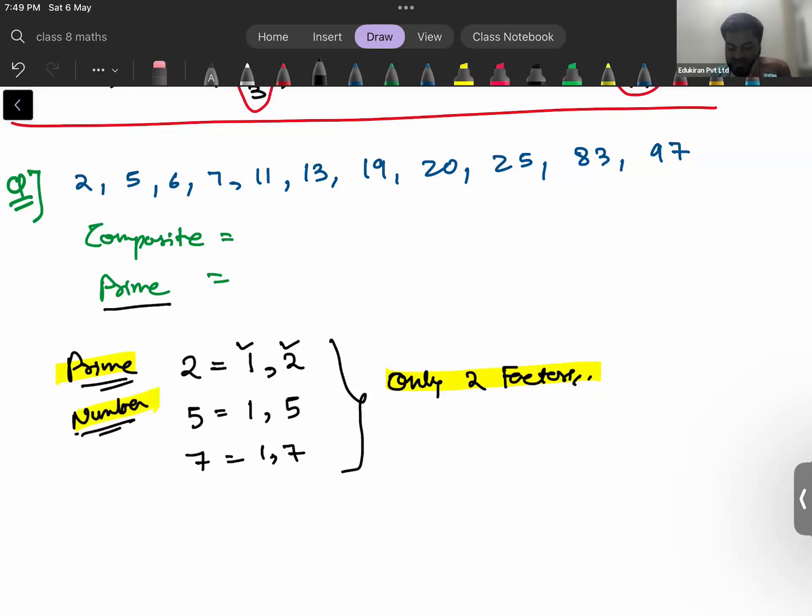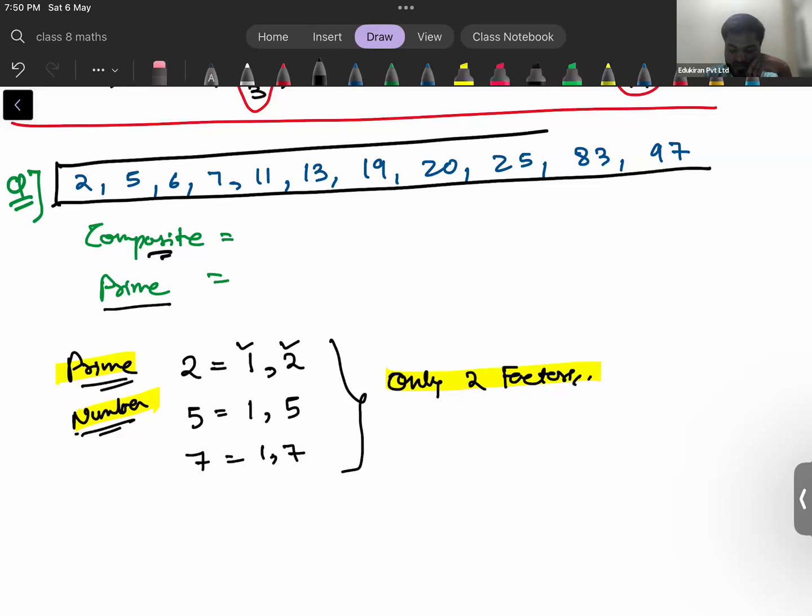So let's write the composite and prime numbers given here. Give it a try and write the composite and prime numbers out of these numbers.